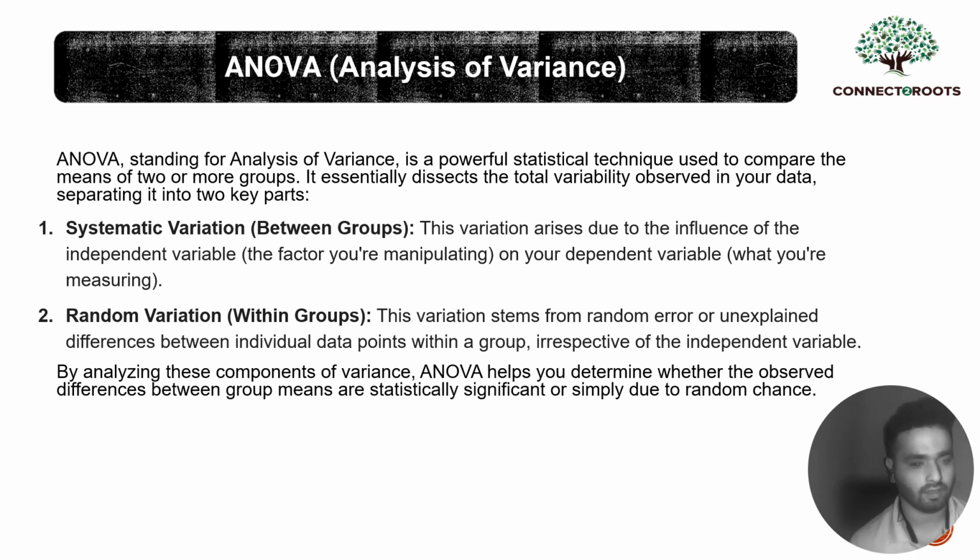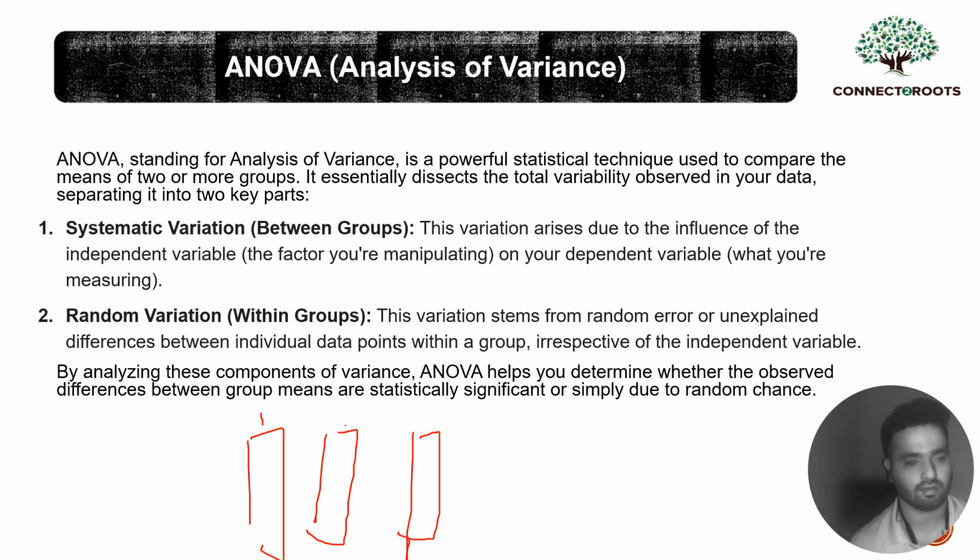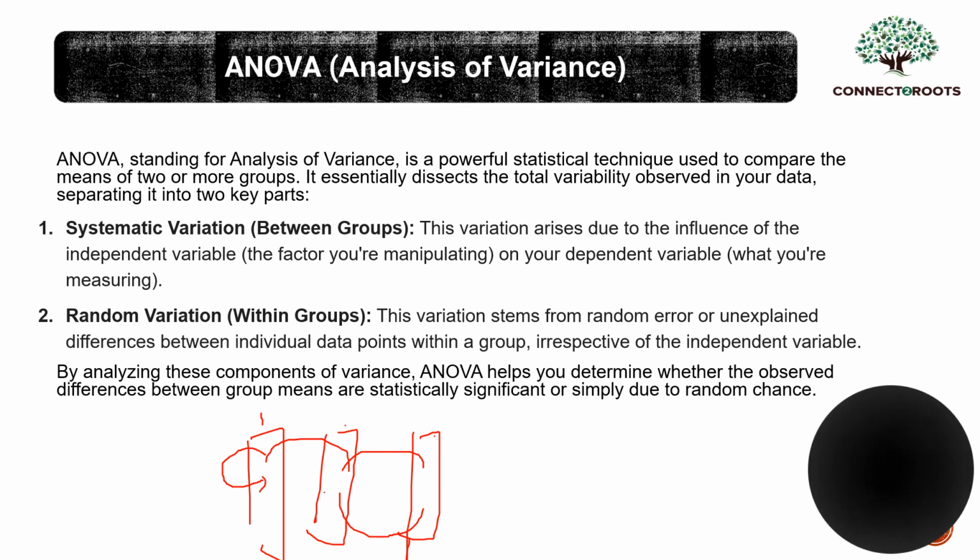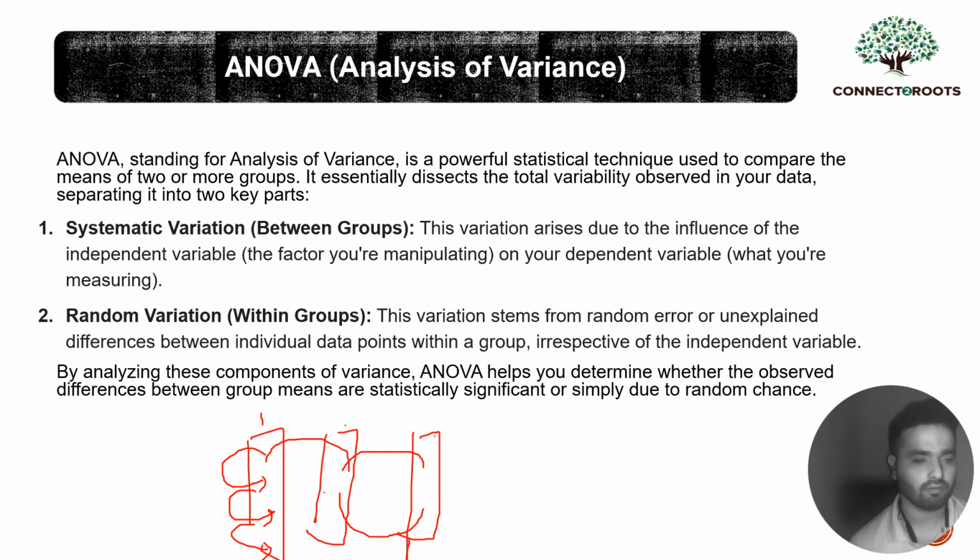For example, suppose in a class of three sections, class 12, section A, section B, and section C. In ANOVA, you can see how section A is different from section B, and how section B is different from section C. At the same time, we have different students studying in the same sections. Some people may be from the north, some from the south, some from the northeast. So it will also help to determine the variance within the group and the variance between the groups.